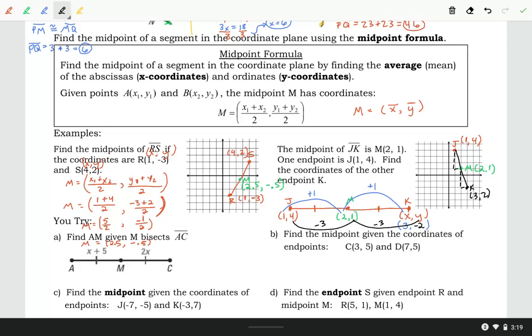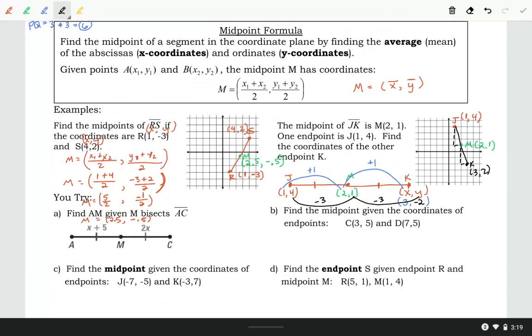Okay, let's try a few more problems, putting this all together. All right, so it says to find AM given that M bisects AC. So we know that M is the midpoint.